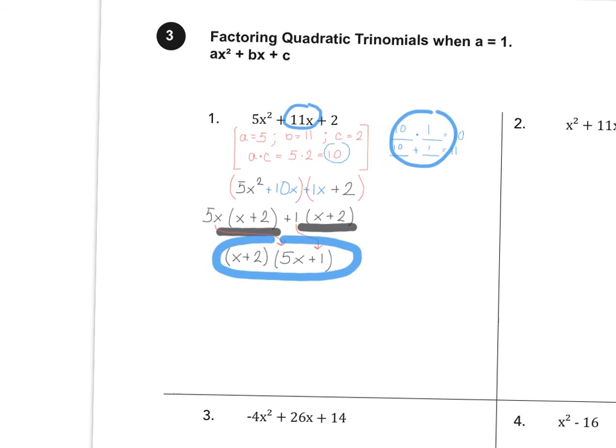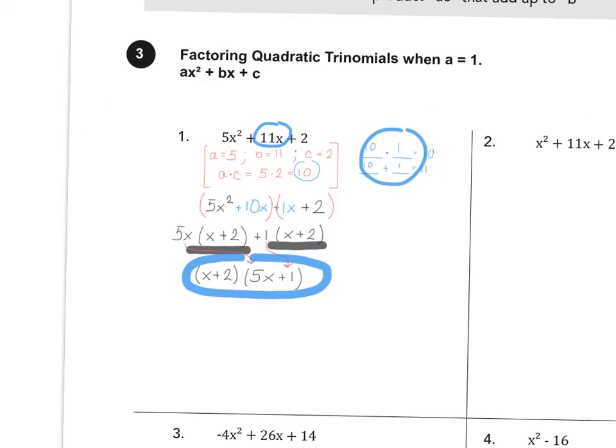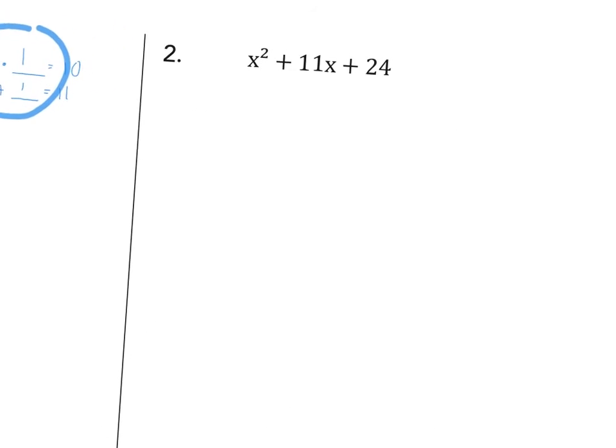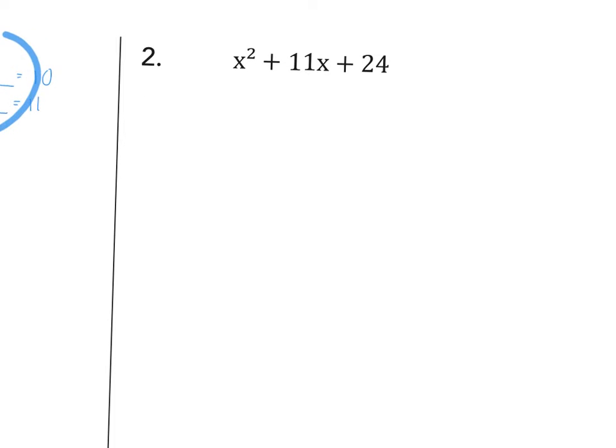Okay, let's now take a look at number 2. I'll repeat myself. In the past, you may have looked at a different factoring method for a problem like this. That is fine if you know how to do it, but in class today, we are using the same factoring method for all problems. Okay, to start with, we need to identify our A, B, and C values.